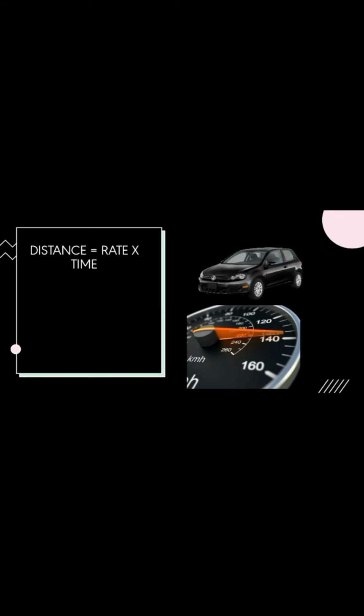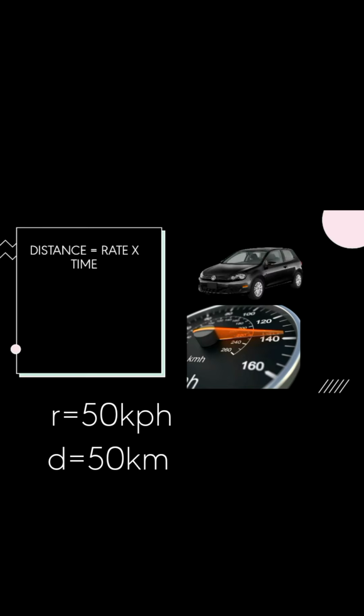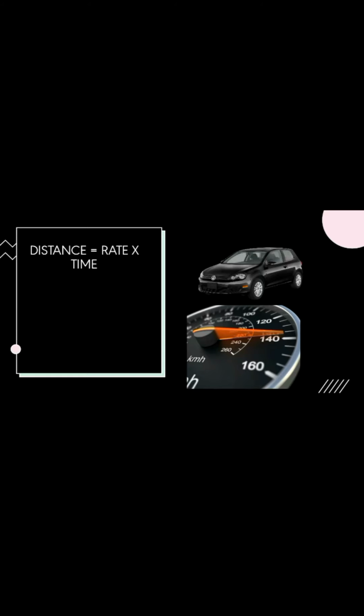For example, your car is traveling at 50 kilometers per hour. So it means the car can travel a distance of 50 in 1 hour. Or how far will the car travel if it travels for 2 hours? Okay, so 50 per hour is the rate times the time, which is 2 hours.